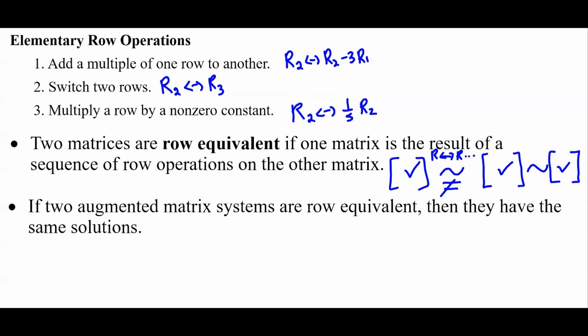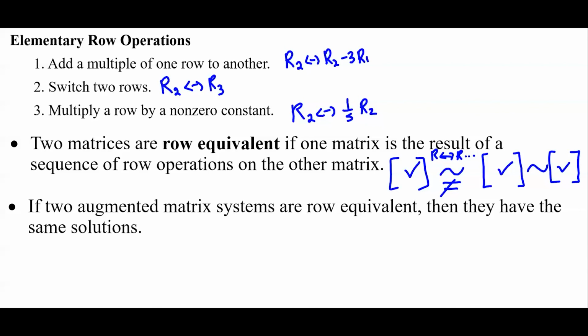So these row operations don't change the solutions to the system because they're just things you can do to equations normally to solve equations anyway. So we want row equivalent matrices if we do the right operations. And as long as you do these three row operations and you do them correctly, you're not going to mess up the solutions to the system.